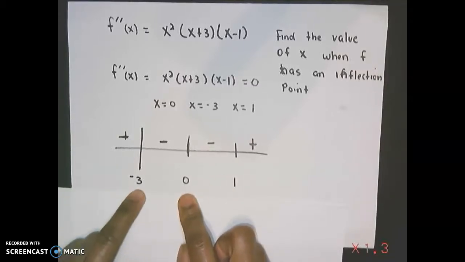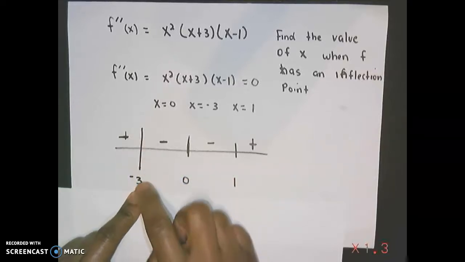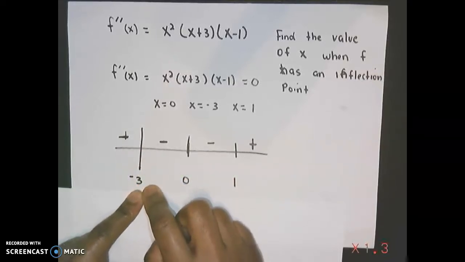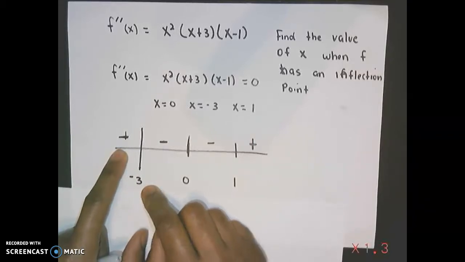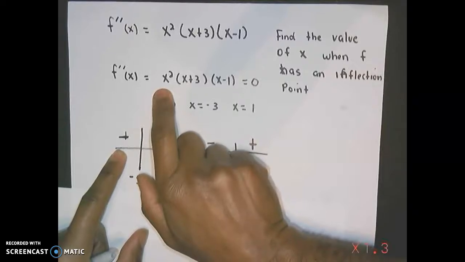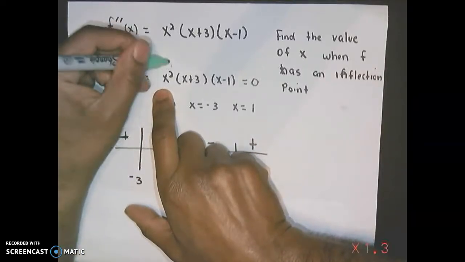So for -3, you can see that I've already done the work here, but I'm just going to tell you the numbers that I used. So I'm going to choose -4 to the left of -3. Now here I don't have to plug in anything because this is a square, so I know this is always going to be positive.